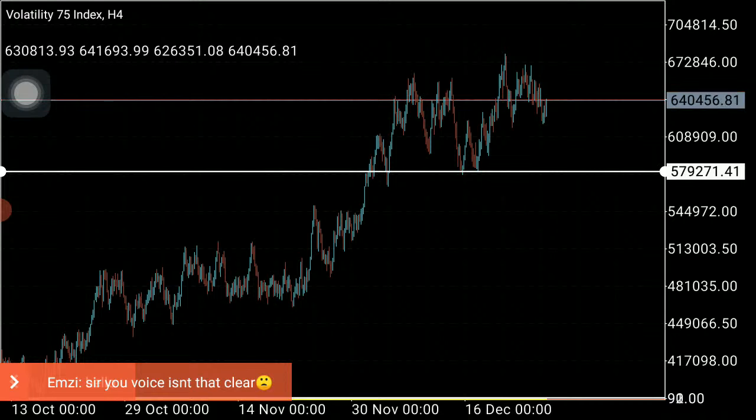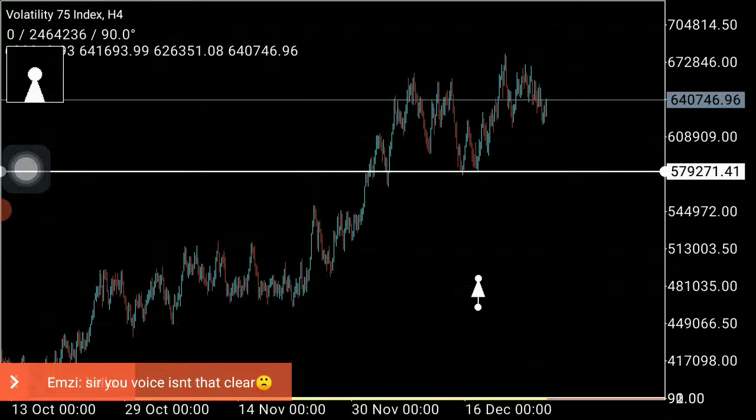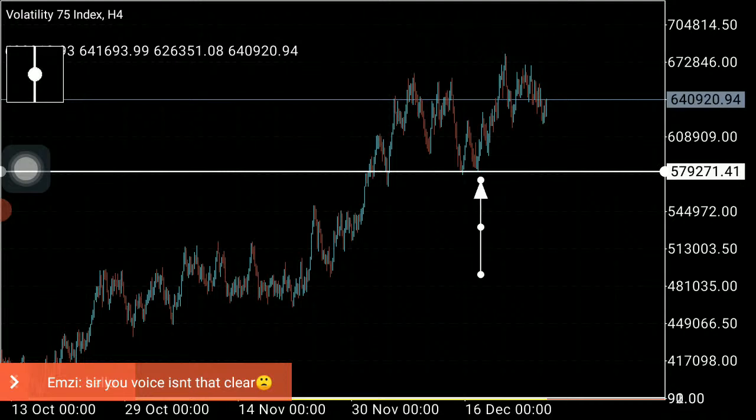Okay, so as you can see here, it touches. Let me get an arrow. So as you can see here, we have 1, here we have 2, and we have another here 3. So this is a true support level.